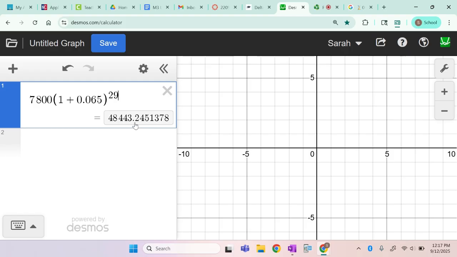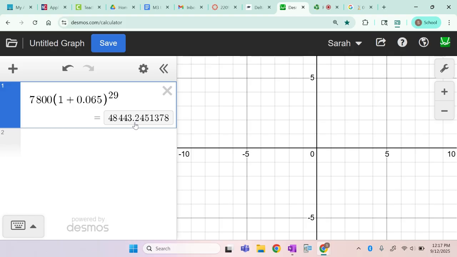And if we're rounding to the nearest cent, how many decimal places is that? 2. All right, so 2 decimal places. Because remember, if you have a price, your cents is always the 2 decimal places after the decimal. All right. So what would our cent value be rounded?